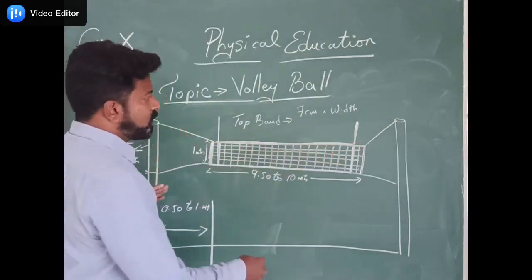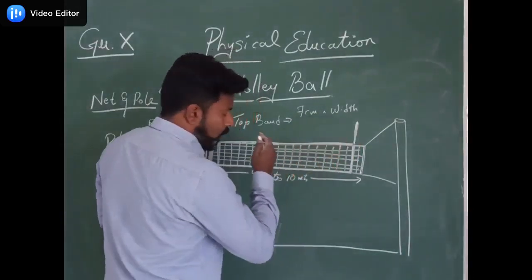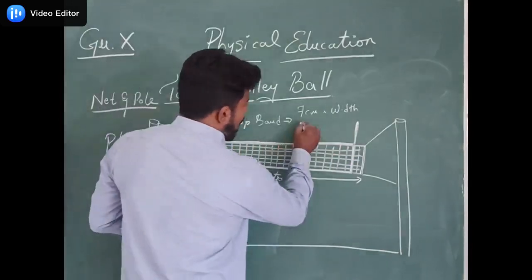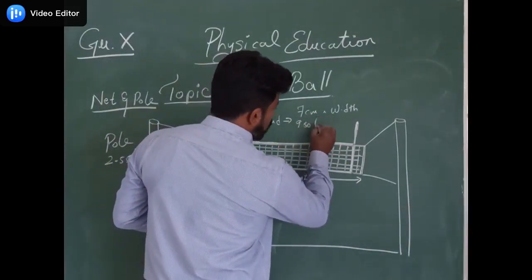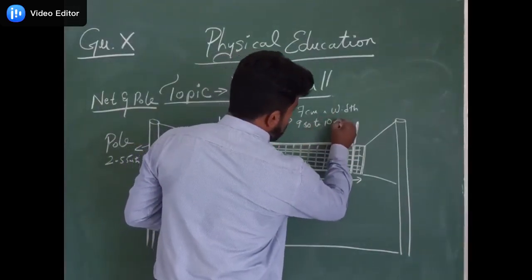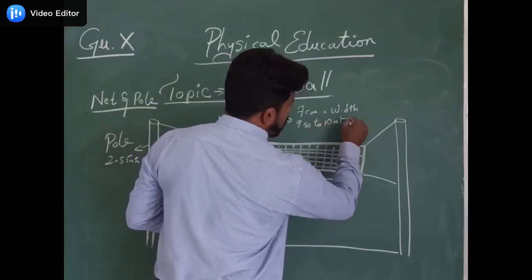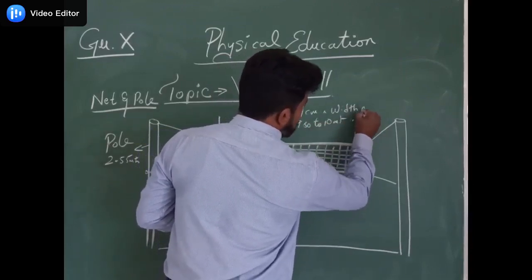So the length of the top band is 9.50 to 10 meters.